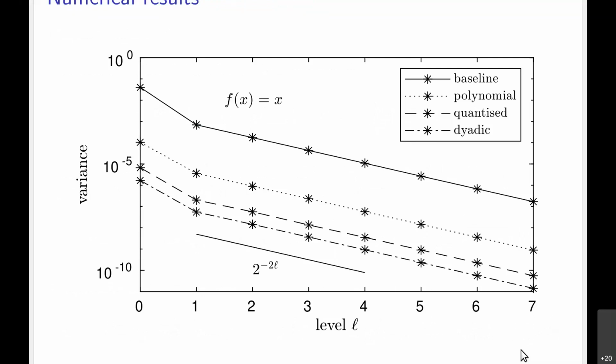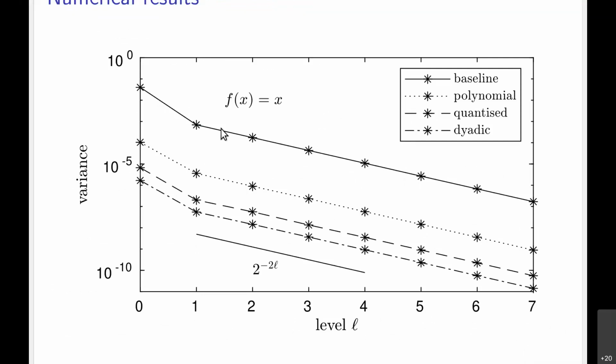Looking at numerical results, these are results looking at how the variance of these different terms behaves as we go down through the multi-level levels. So what I'm calling the baseline here is just the standard multi-level variance when we're using true normals.